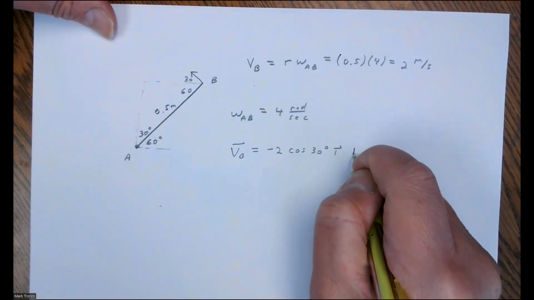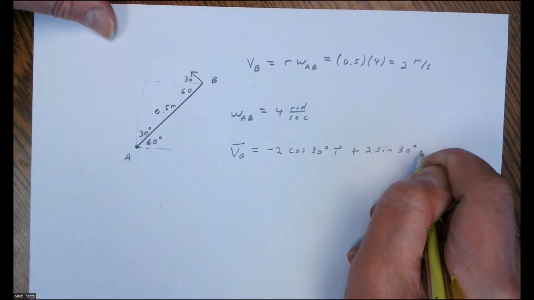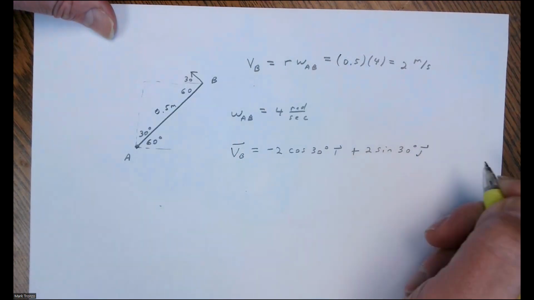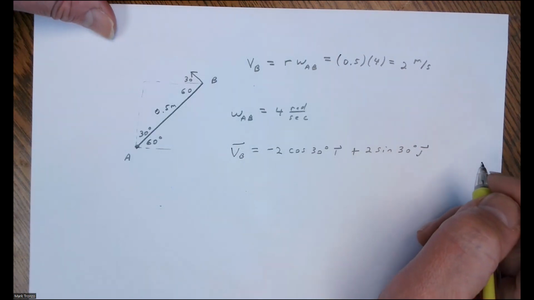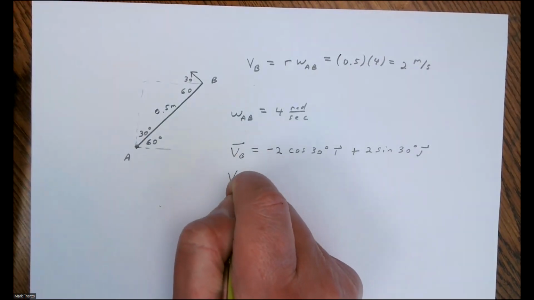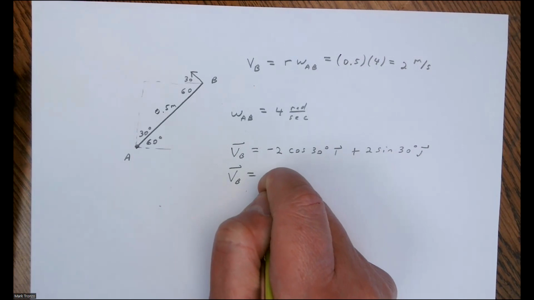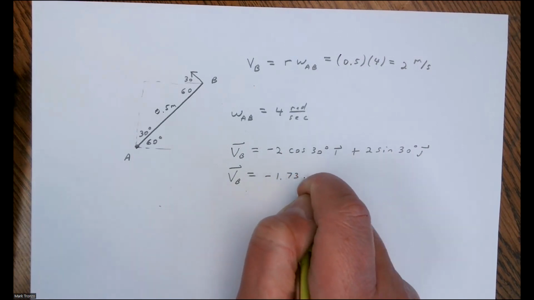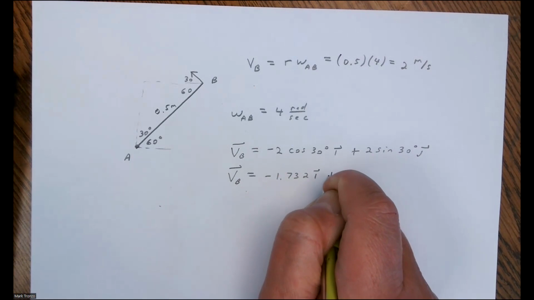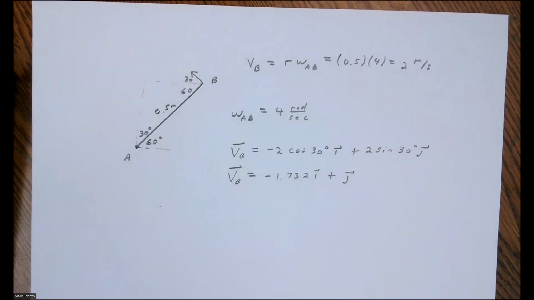And then the y component is going to be 2 sine 30 j. If you put those into your calculator, we get VB is equal to negative 1.732 i plus 1 j. So now we have some more information.